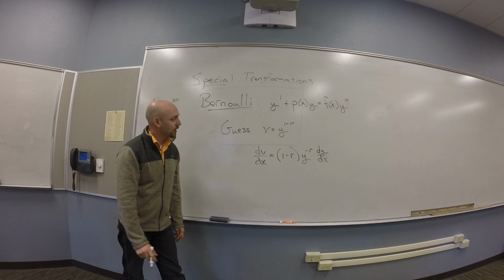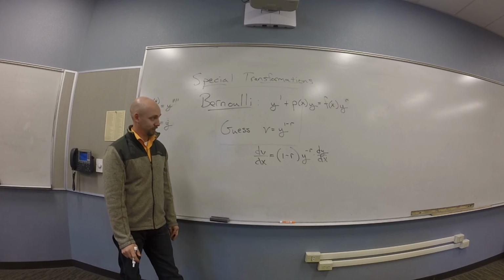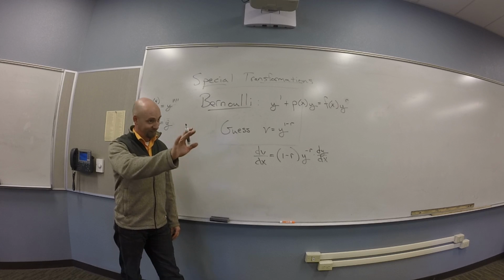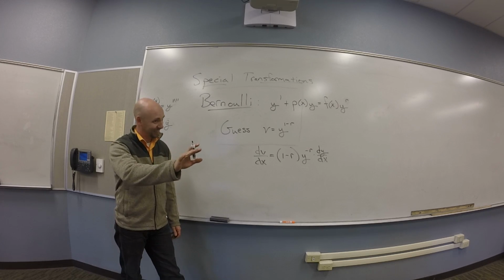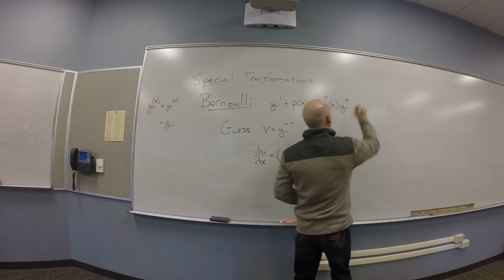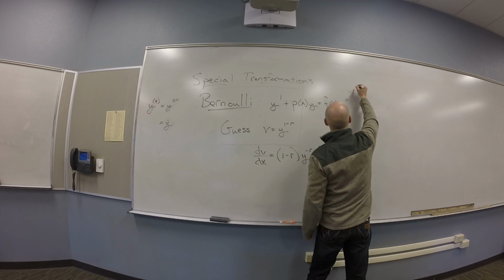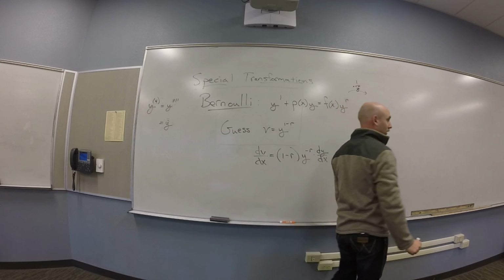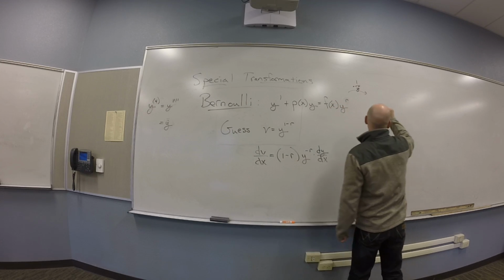Okay, now, my claim was that was actually a good idea. Wait for it. Let me take my equation that I had, and I'm going to multiply this whole thing through by 1 over y to the r, because that seemed like a good idea.